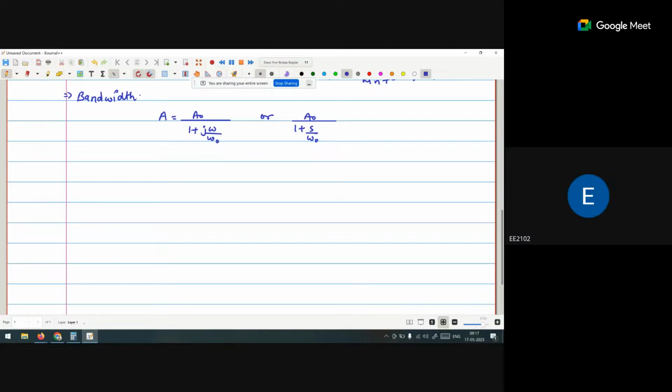What is the meaning of this one is that if we are using any particular component, every component is dependent on a frequency, and that frequency is the omega. This omega naught is the cutoff frequency.